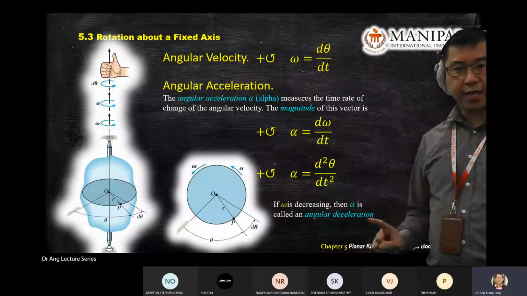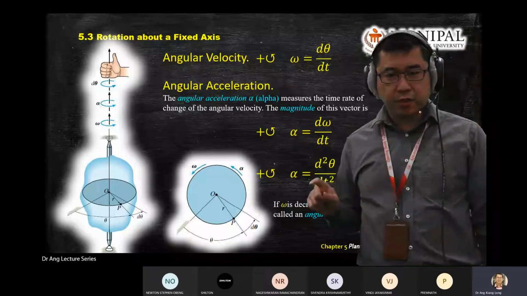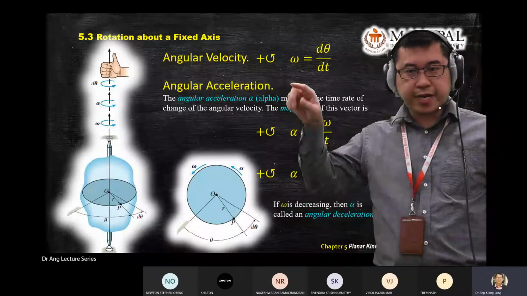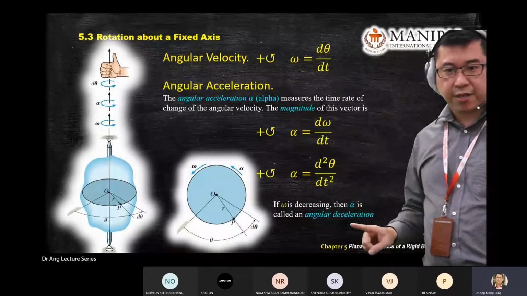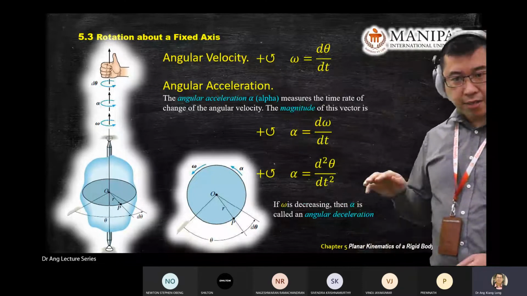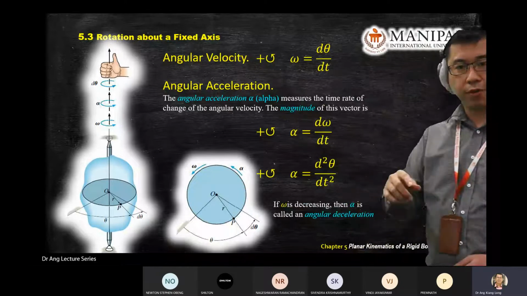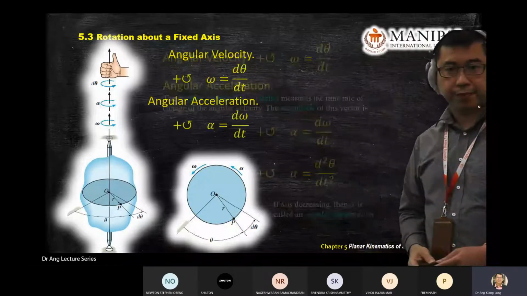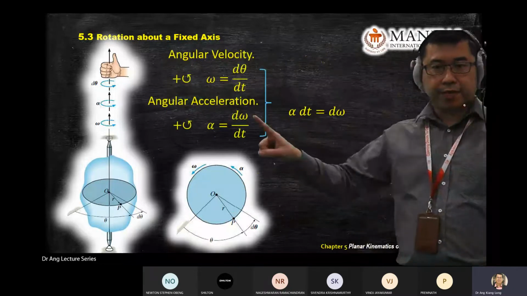So it means you slow down. If your omega slows down, you have alpha as a negative value, or a smaller value compared to the previous one.